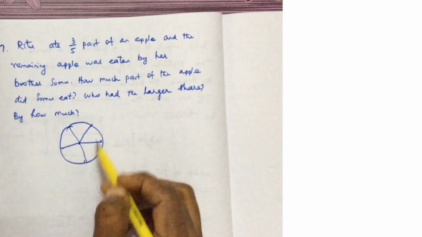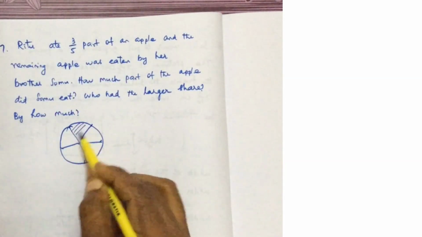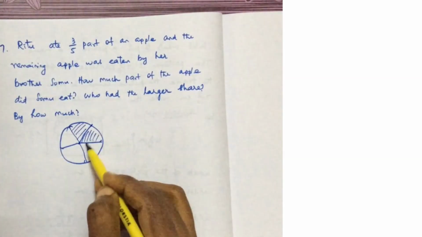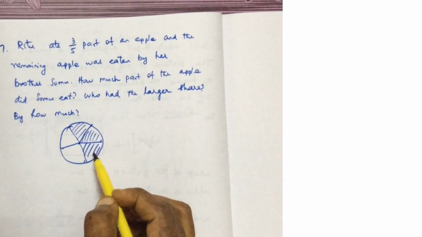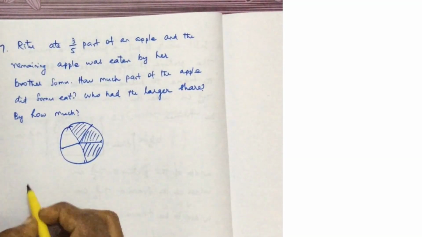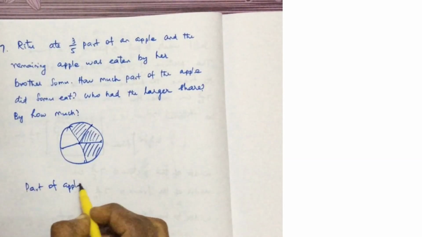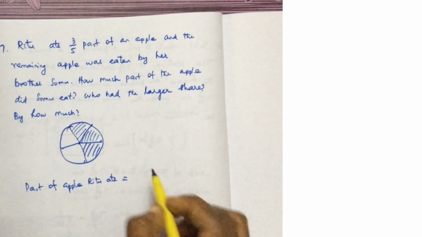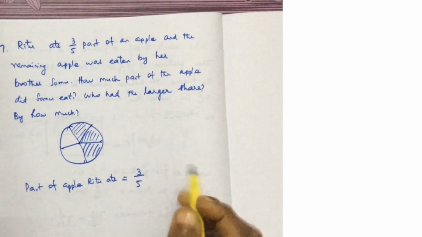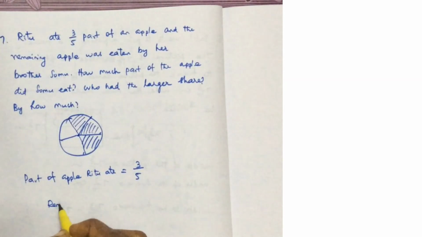Out of this Ritu ate 3 by 5 part. So 1, 2, 3. So Ritu ate 3 by 5 part of the apple. Part of apple Ritu ate, that is equal to 3 by 5.